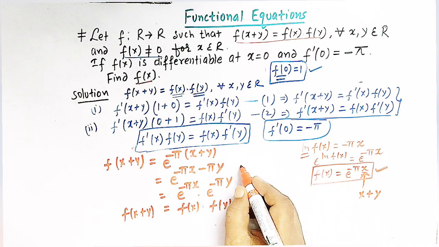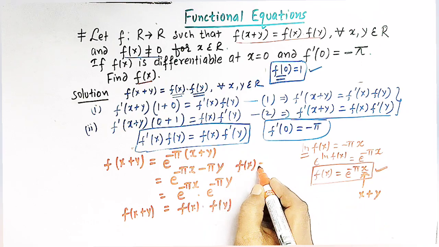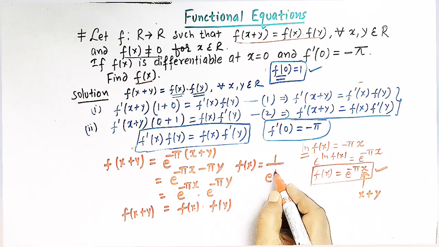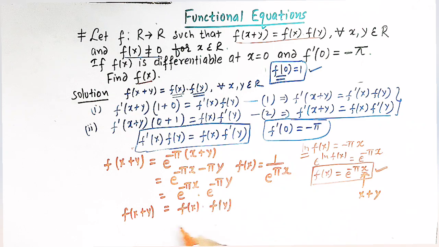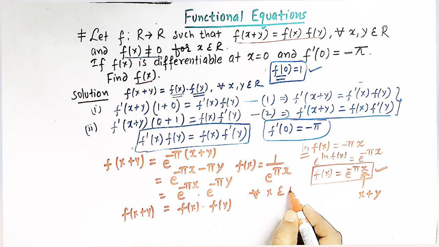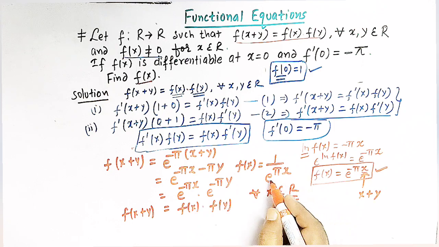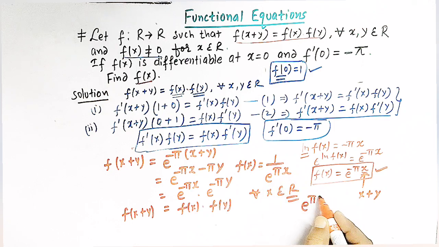Now we can write this function f of x as 1 over e raised to pi x, right? Now for all values of x belonging to the set of real numbers, we see that e raised to pi x is never equal to 0 by the property of the exponential function.